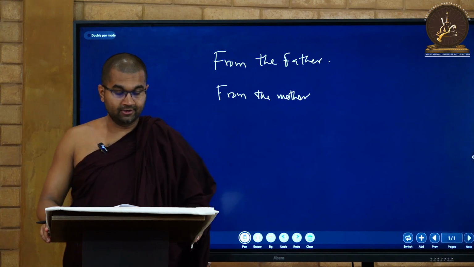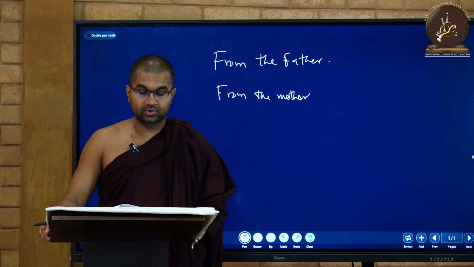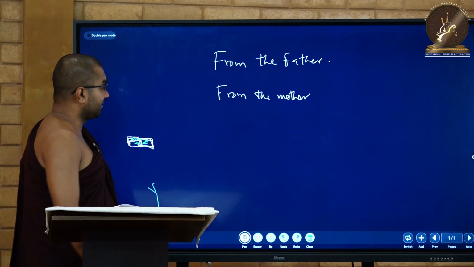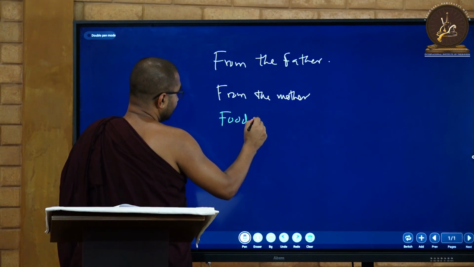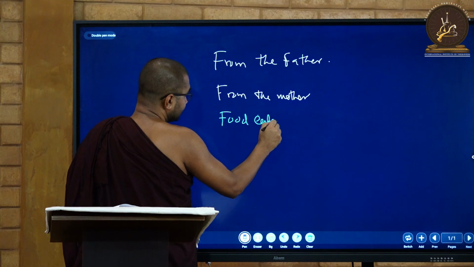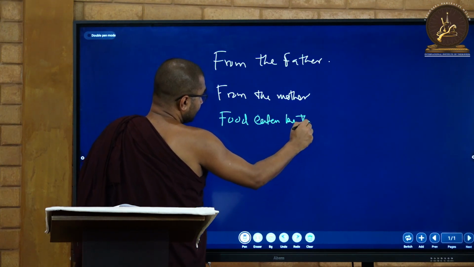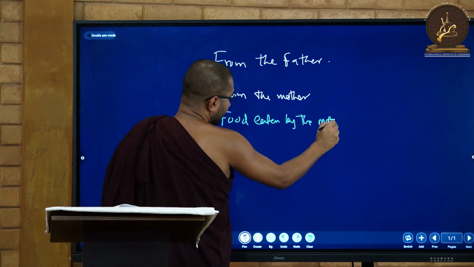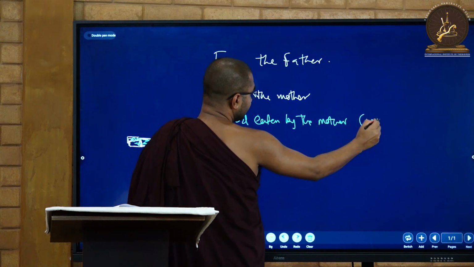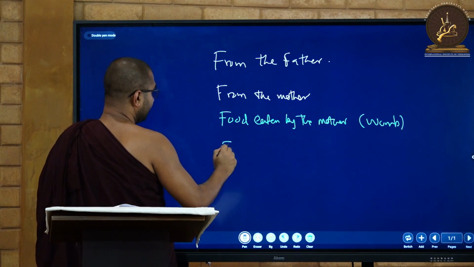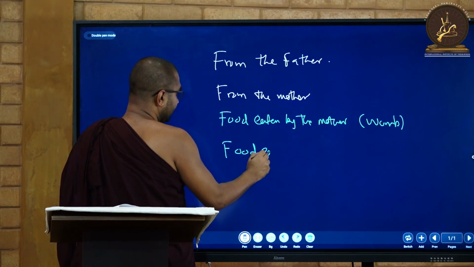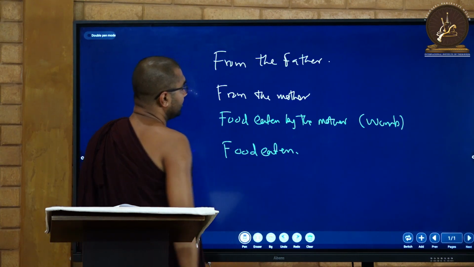Then there are the Rūpas added to the body after birth through the food consumed during life. So there is the food eaten by the mother during the womb stage, the embryonic stage, and then the food eaten after we have come out of the womb.